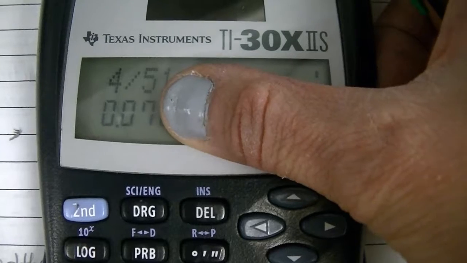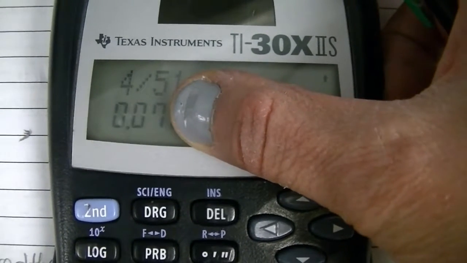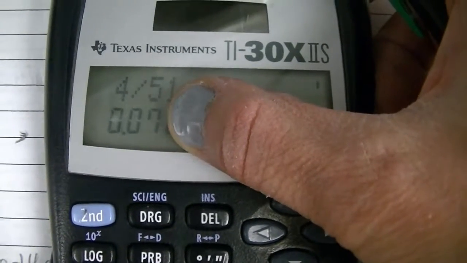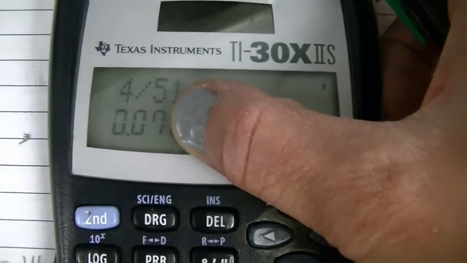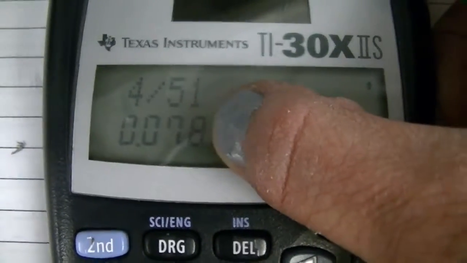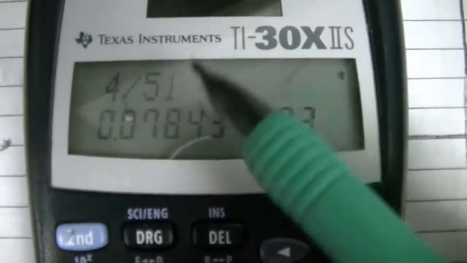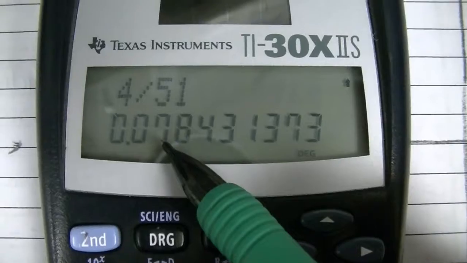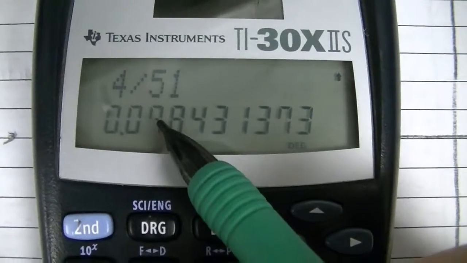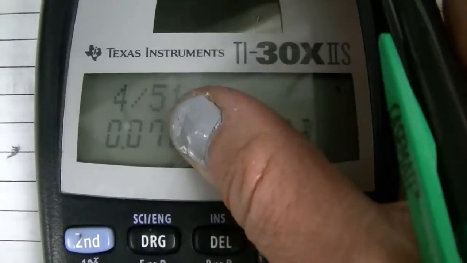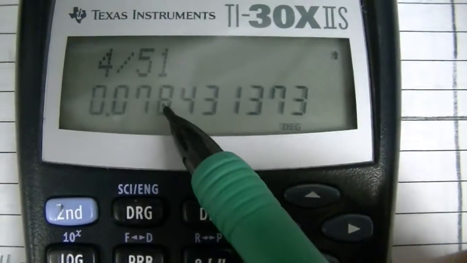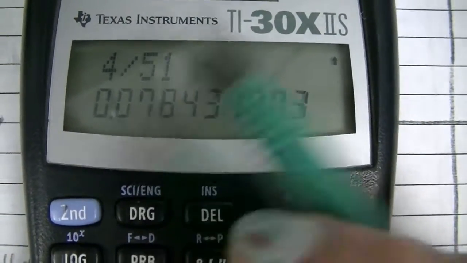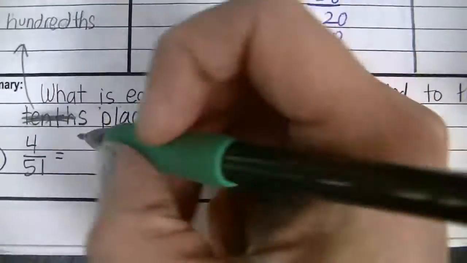However, to round, here is what you need to do. You look at the place value directly behind the one you're interested in. I'm interested in the hundredths place, but we're going to look at the thousandths place. If the number behind it is 5 or above, this 7 will turn into an 8. That number is 5 or above, so the answer would be this.